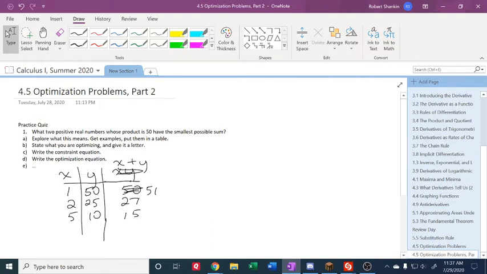And now I'm going to give you a little more time to keep going with the calculus method of getting this answer. Again, the constraint equation is just that they have to multiply to be 50. That's a constraint that has to be satisfied to actually get onto the table.